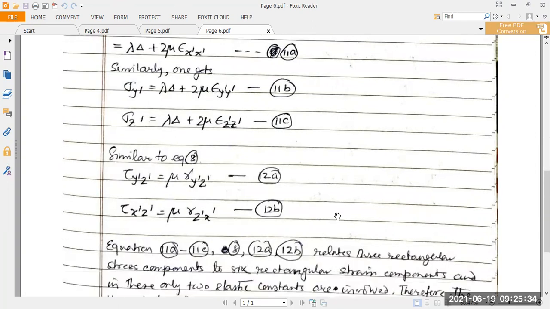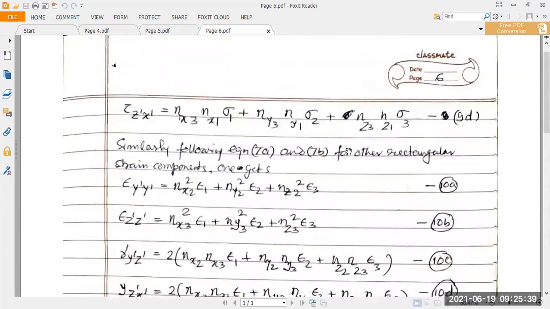Thus, we have the shear stresses in all three directions respectively. Here, in a similar manner, we have calculated earlier. What we have here, first of all, we have reduced the value of tau xyz in terms of nx1, nx3 and sigma 1, sigma 2 and sigma 3.